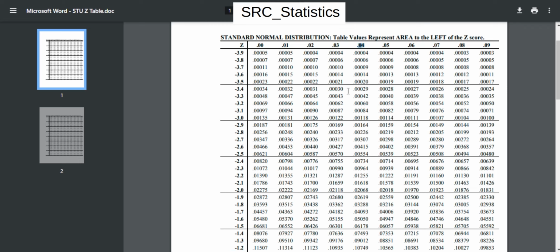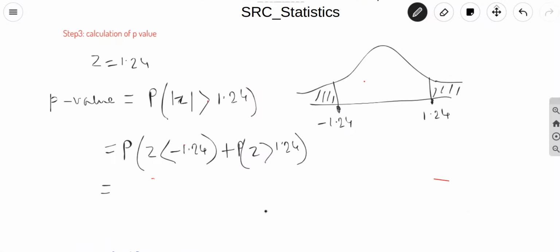We combine these two values, negative 1.2 plus 0.04 gives negative 1.24, and the intersecting cell is 0.10749 or 0.1075. So this is the area to the left, probability z less than negative 1.24.